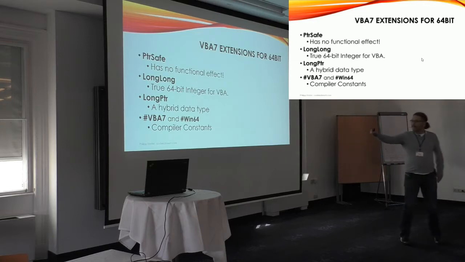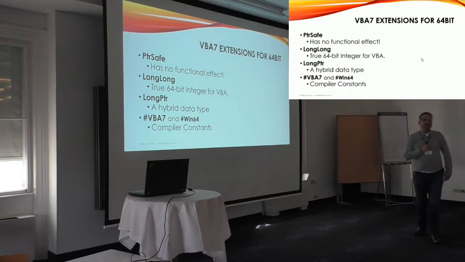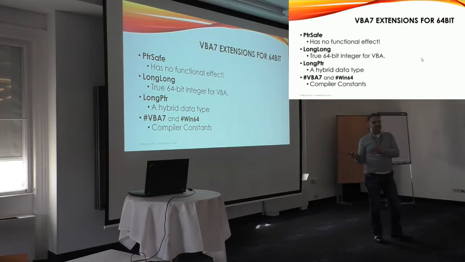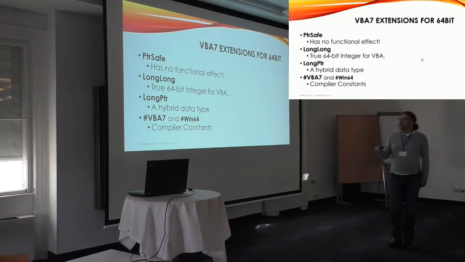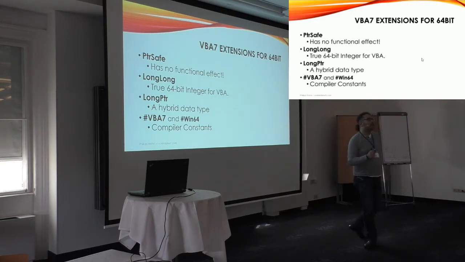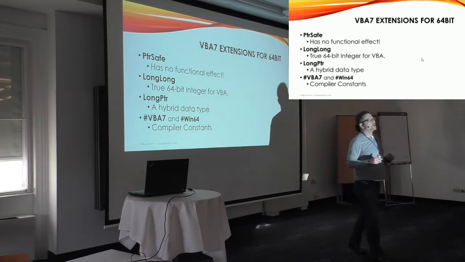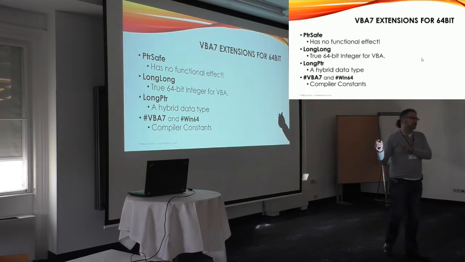And finally, there are two compiler constants that are new with VBA 7. The first one's pretty obvious. VBA7 just tells you, yes, we are on VBA 7, not on an older version. That is really important, and I'm telling you why. And the Win64 compiler constant. And everybody thinks, yeah, Win64, that's what we're going to need, and that is really important.